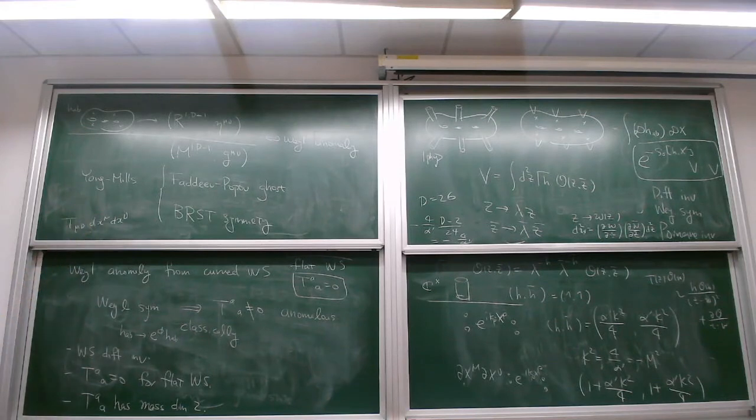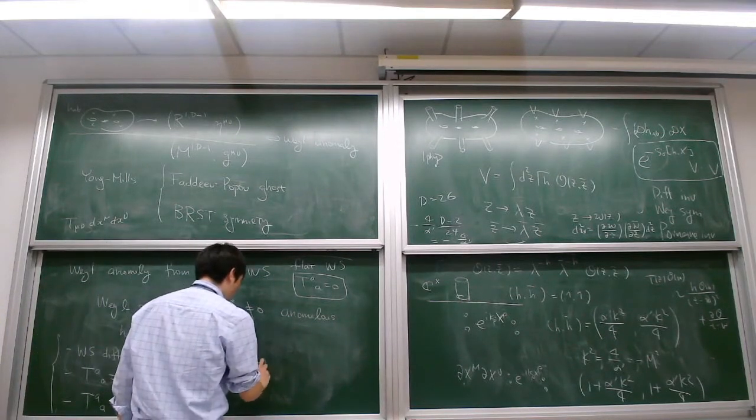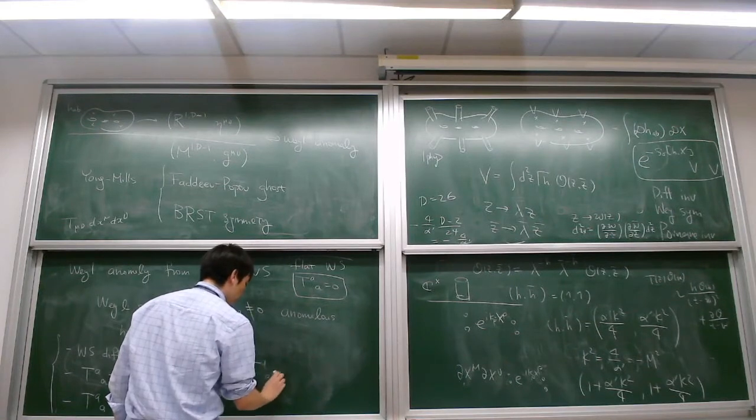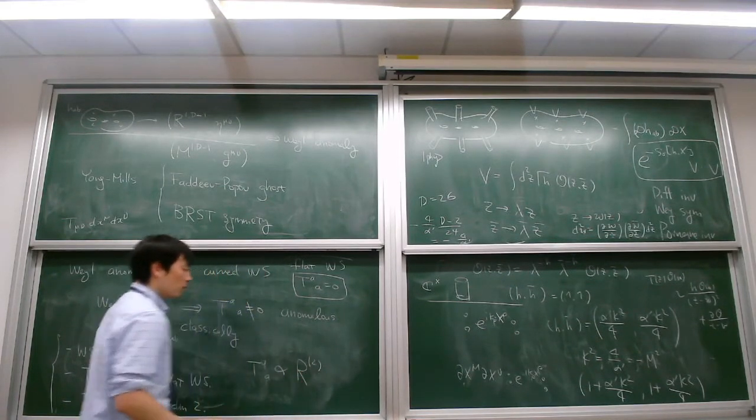That can be easily seen since T_mu nu is proportional to dX_mu dX_nu, which has conformal dimension 2, corresponding to mass dimension 2. Therefore, these three facts tell you that T^a_a has to be proportional to the Ricci scalar of the two-dimensional worldsheet.